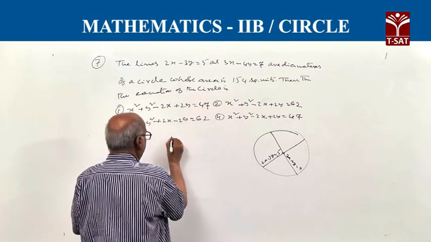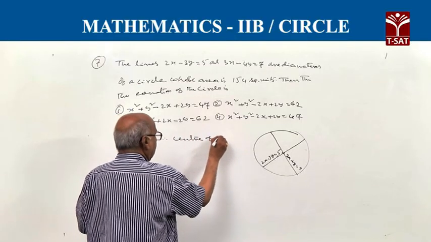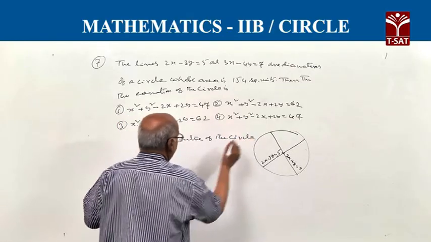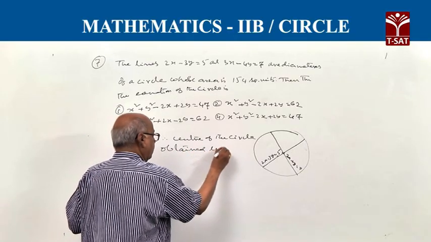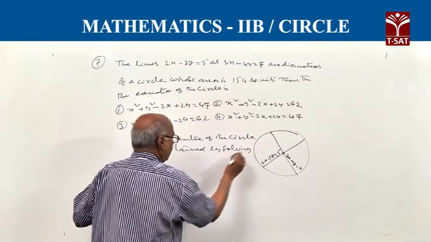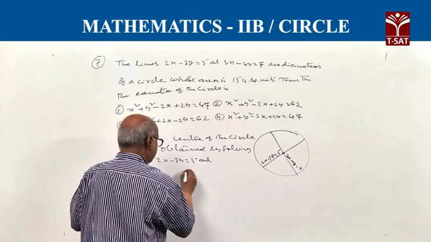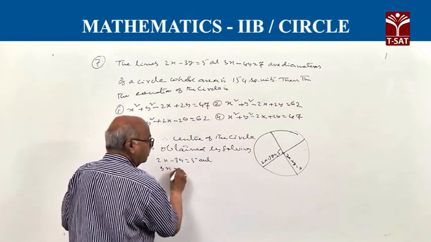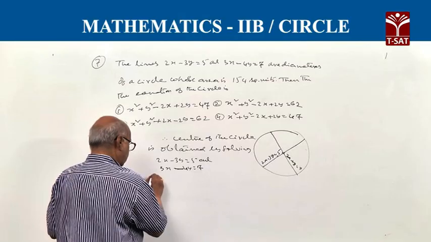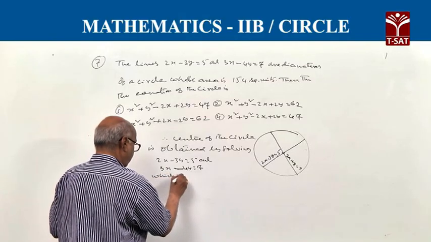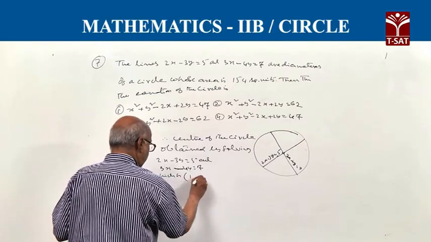So therefore the center of the circle is obtained by solving 2x minus 3y is equal to 5 and 3x minus 4y is equal to 7, which is nothing but (1, minus 1).